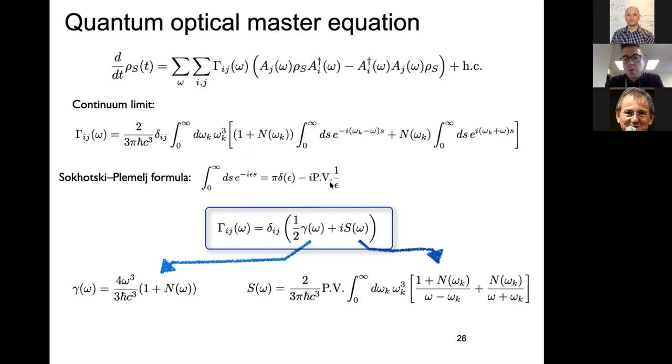Just to mention, this PV defines the Cauchy principal value of the integral. Okay, so substituting this into the above, these one-sided Fourier transforms essentially just reduce to the following.